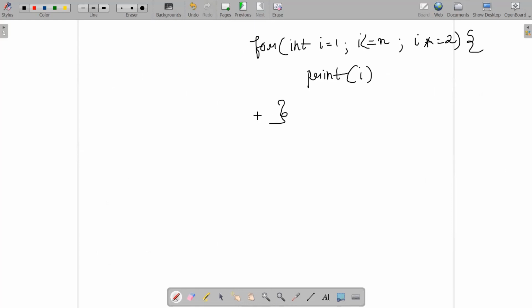I will be multiplied every time with a factor of 2. Can you try this, all of you?